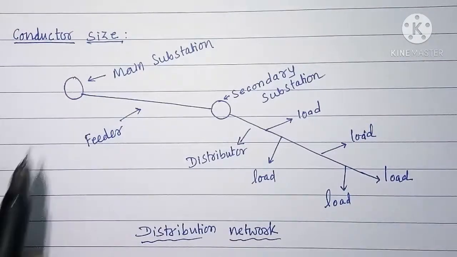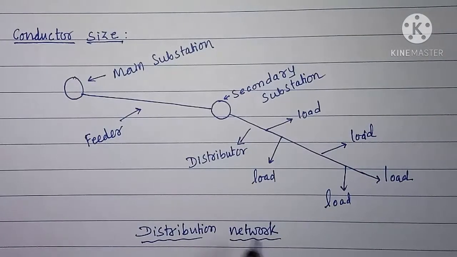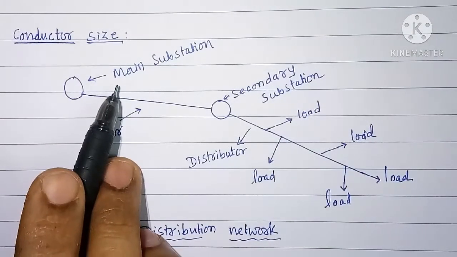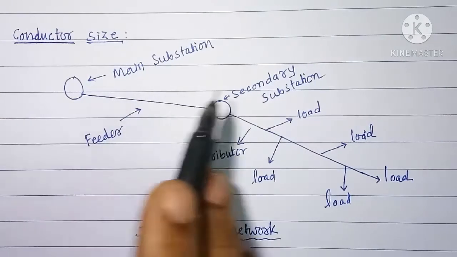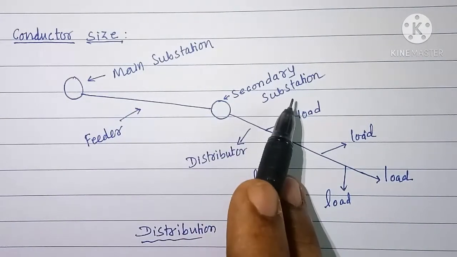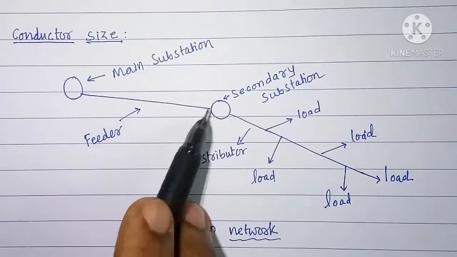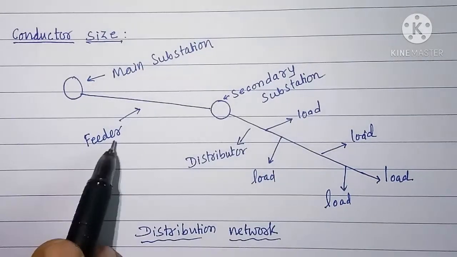Now look at the distribution network shown in figure here. Here is a main substation and here is secondary substation. Between main substation and secondary substation, you can see a conductor called as feeder.